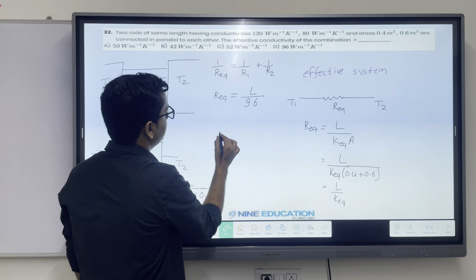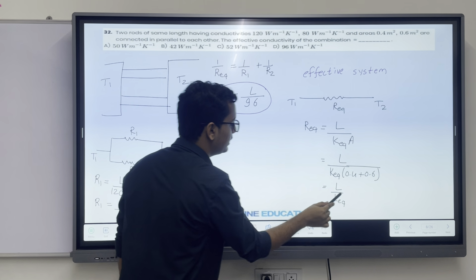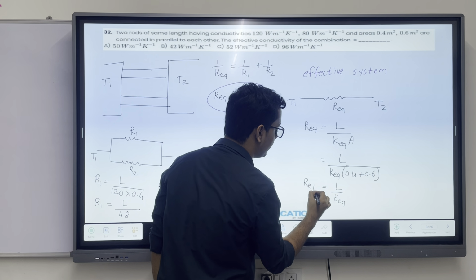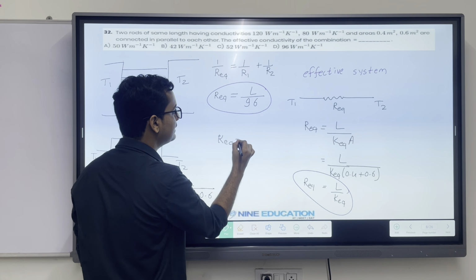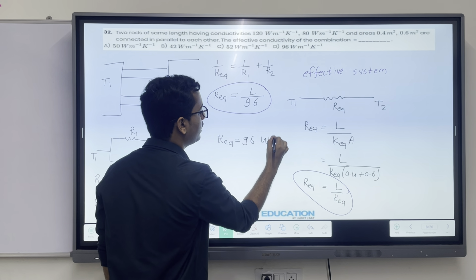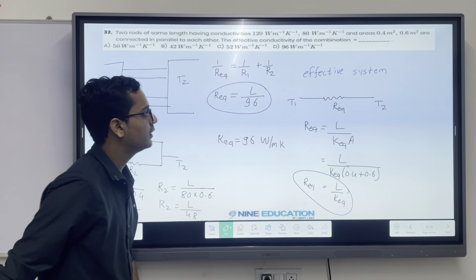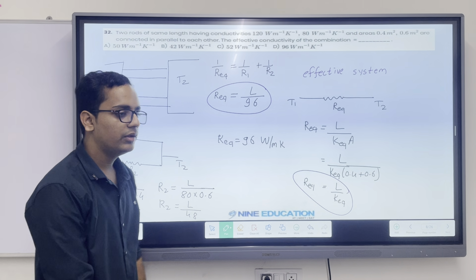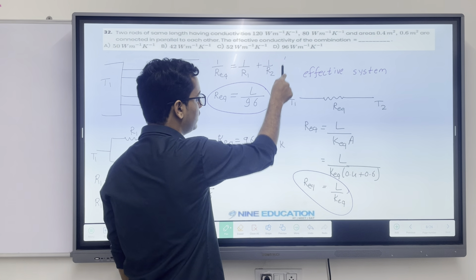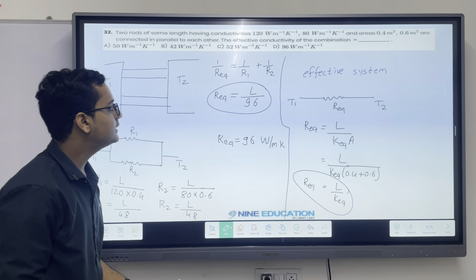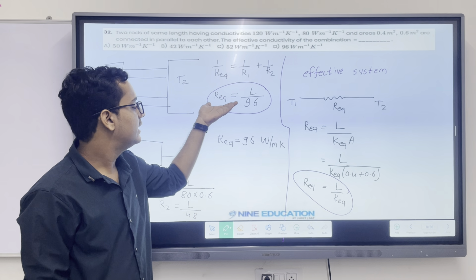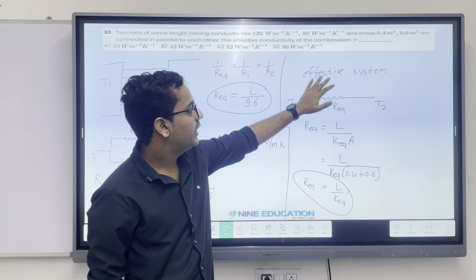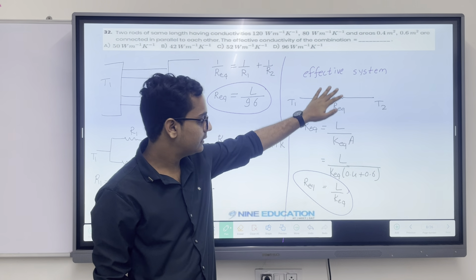Simply equate these two. Equate R equivalent and here also I found some R equivalent value. Equate these two values, you get K equivalent as 96 watt per meter per kelvin. Clear? So you can do this for any type of question. All you have to do is find out the thermal resistance equivalent, then write down one single resistance.